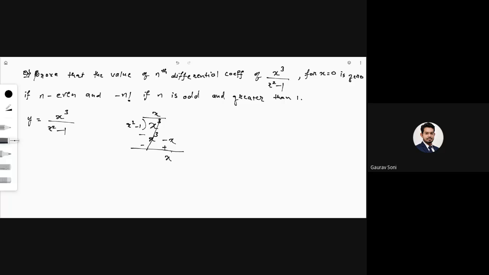Further division is not possible. So I can write x cube as x into x square minus 1 plus x, all divided by x square minus 1. When I separate, we have x plus x upon x square minus 1, and x square minus 1 I can write as x plus 1 into x minus 1. So this is y.